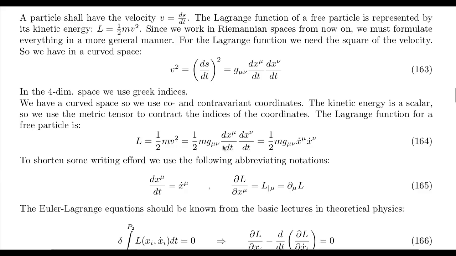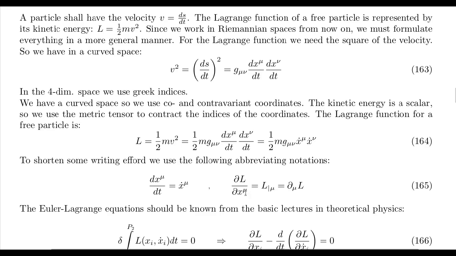Then we substitute 163 for v squared, and then we want to use some abbreviations to have less to write. For the time derivative we use a dot, x dot, and for the partial derivative with respect to the coordinates we use this sign with the index, or this version here.